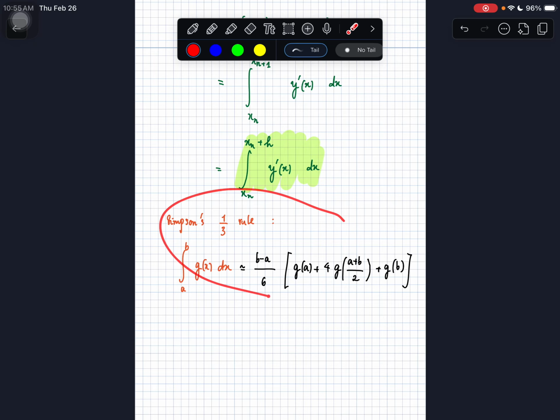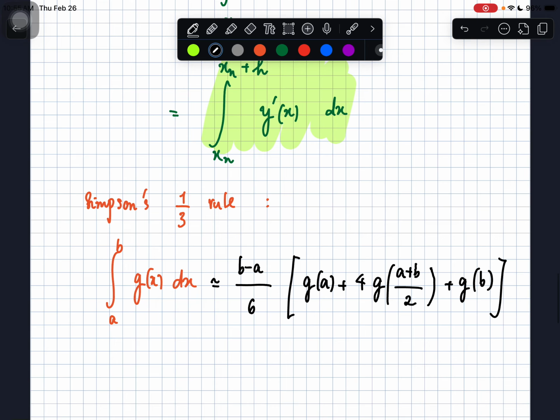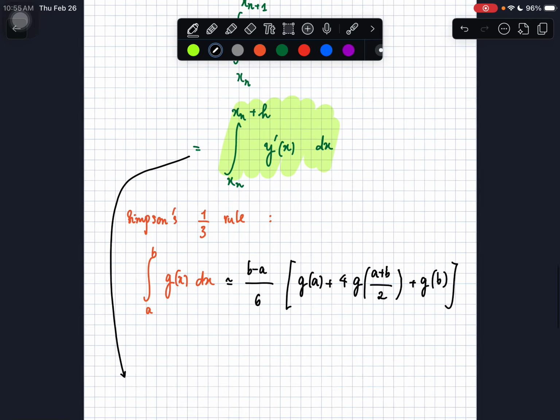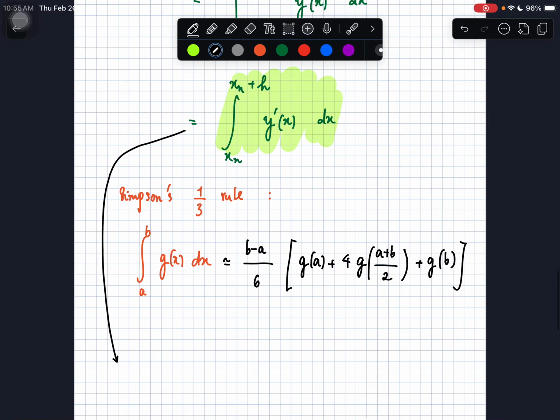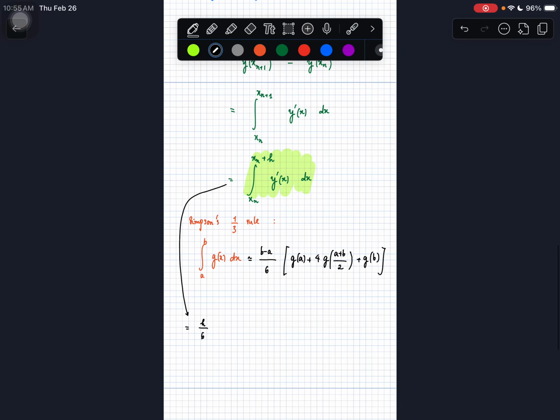Now let us use Simpson rule for our integral. This integral here, we approximate by b minus a over 6, so h over 6, multiplied on these terms.